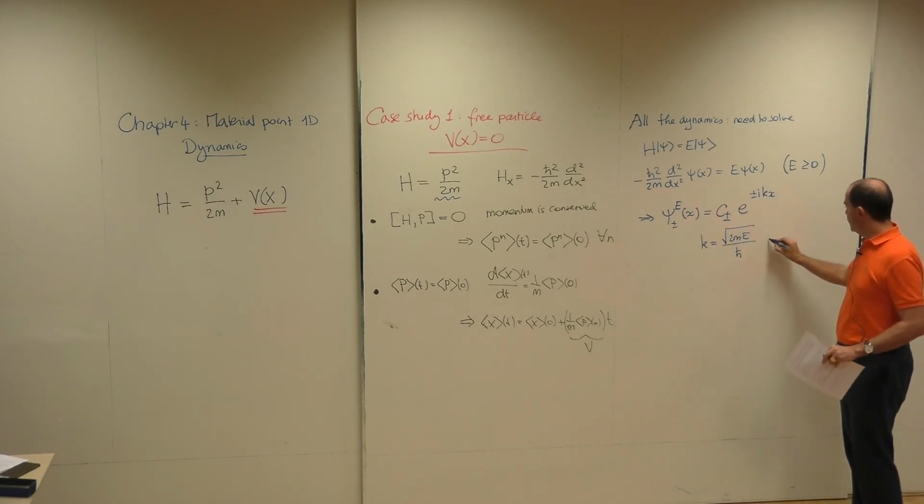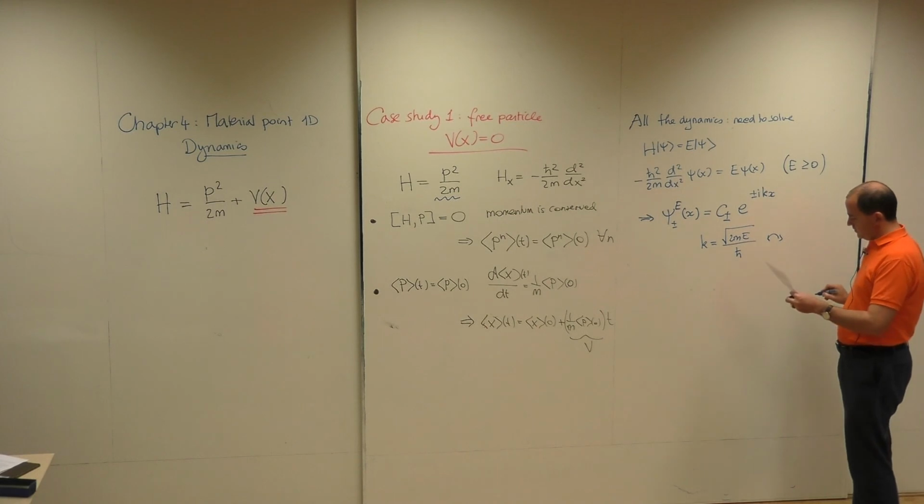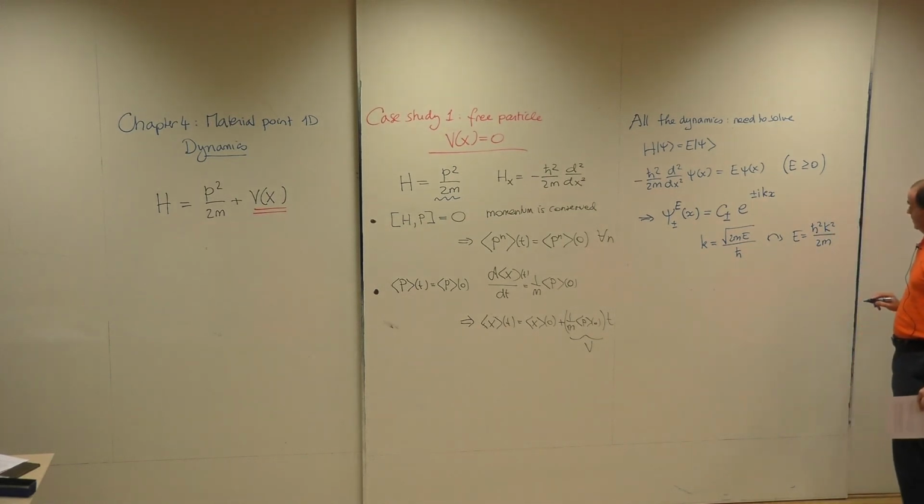And if you invert this one, you get the famous relation E is equal to h bar squared k squared over 2m.